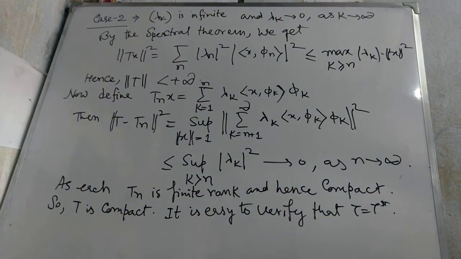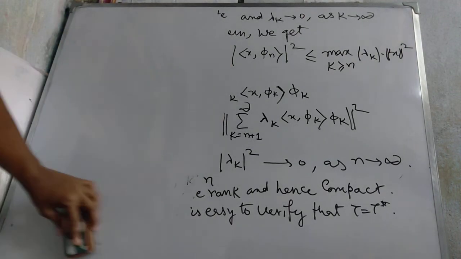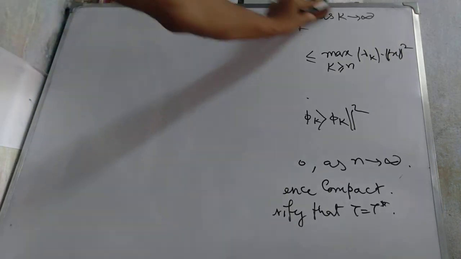Okay, so we also do this proof. We erase this one, but how do we verify T equal to T star? If we check it, we also see how to do this.